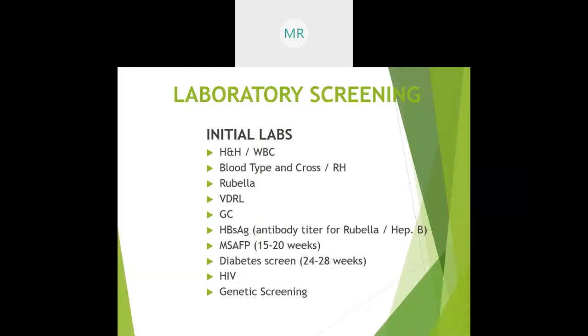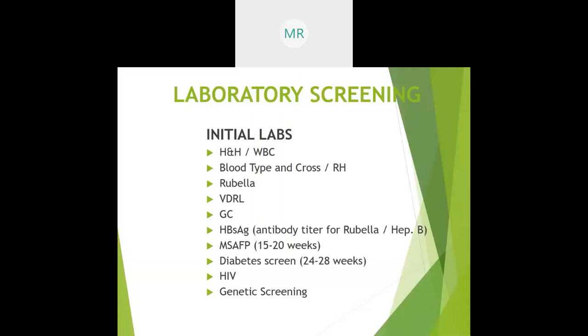and do some genetic screening. Remember in that prenatal screen, there's questions on genetic screening. So if those questions she answered positively, then we're going to do more genetic screening. And for example, Hispanics, African Americans, those we test for sickle cell.